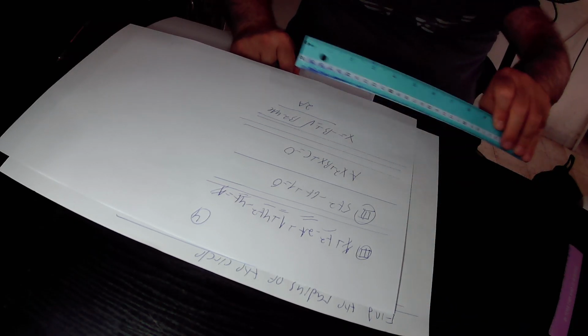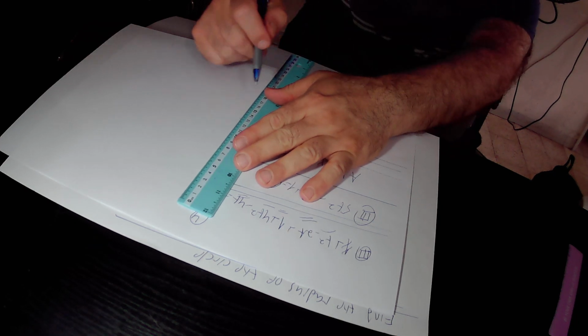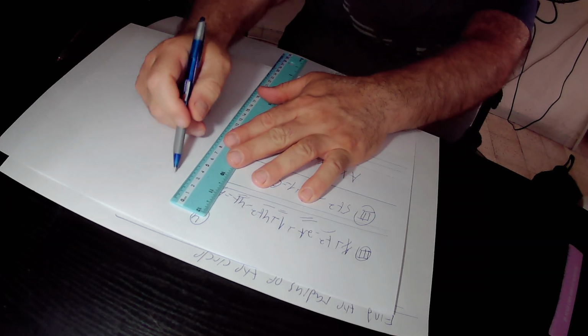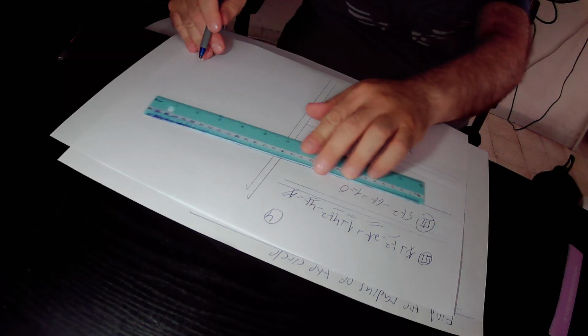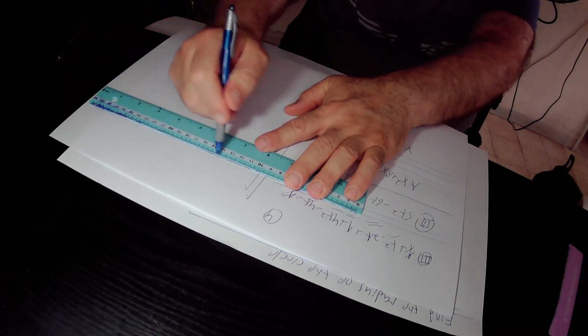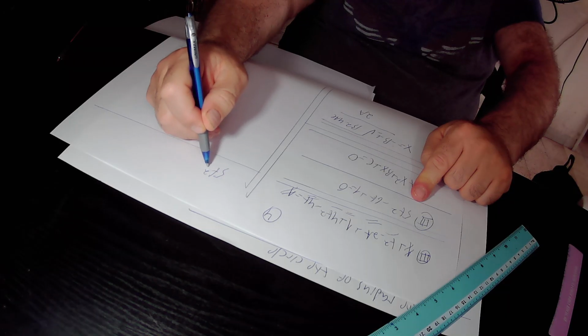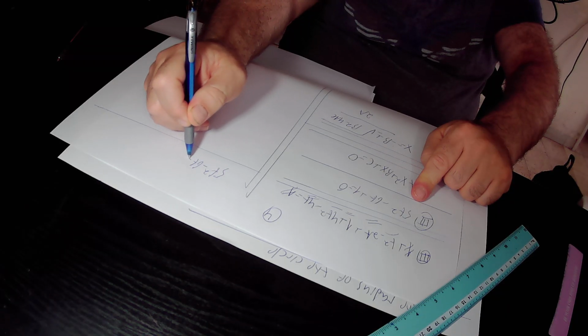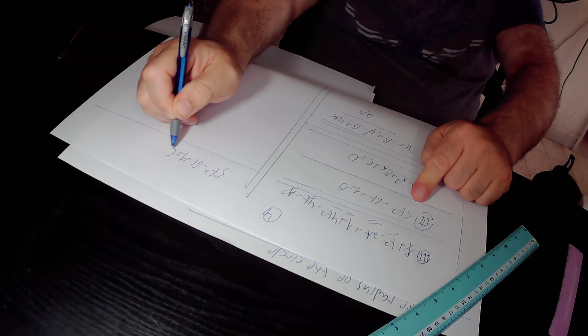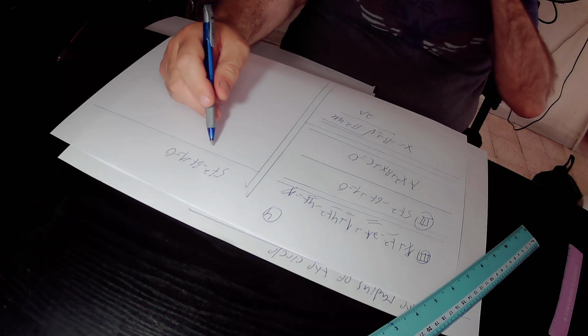In our specific quadratic equation, 5t squared minus 6t plus 1 equals 0, the variable that we are looking for is t.